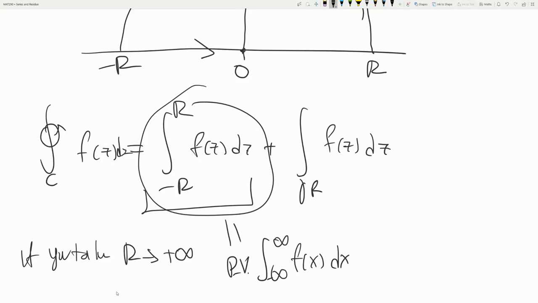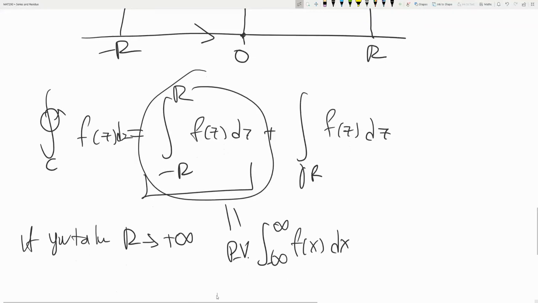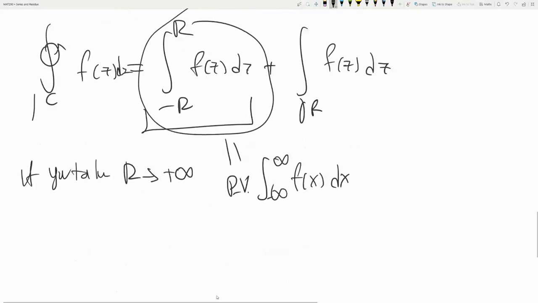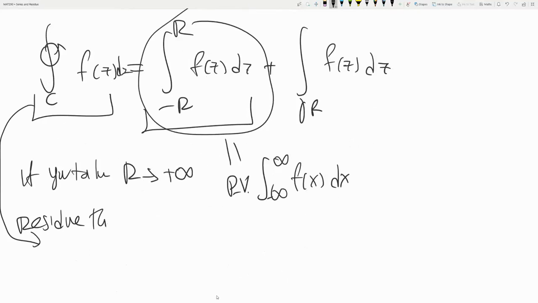So the answer is inside here. This contour integral will equal something by the residue theorem, so you'll have some answer, call it A naught.